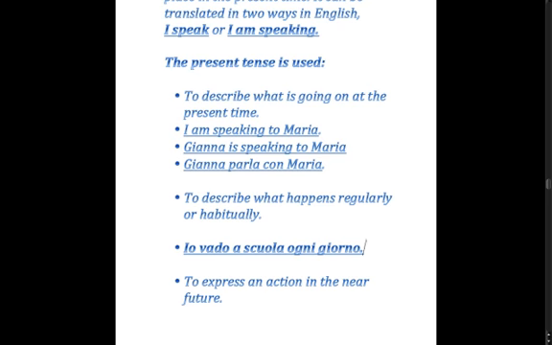Another example would be mio fratello gioca a pallone ogni weekend.